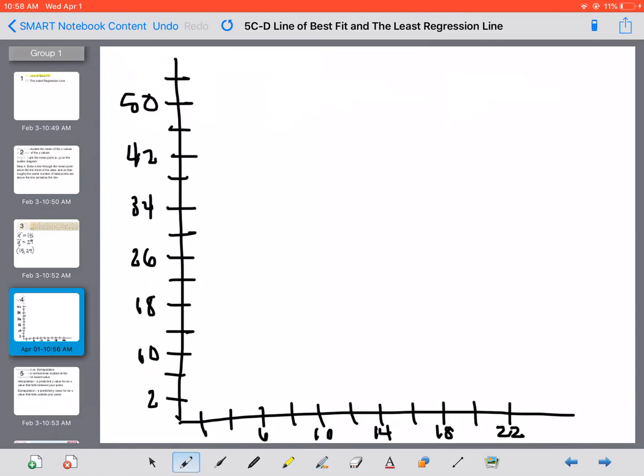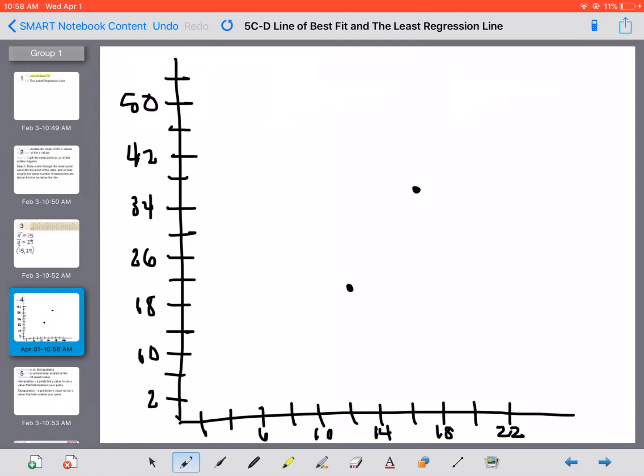Our first point is (12, 20). It's around there. Then we have (16, 35). And mine is not going to be too accurate, but we're just going to go with it.